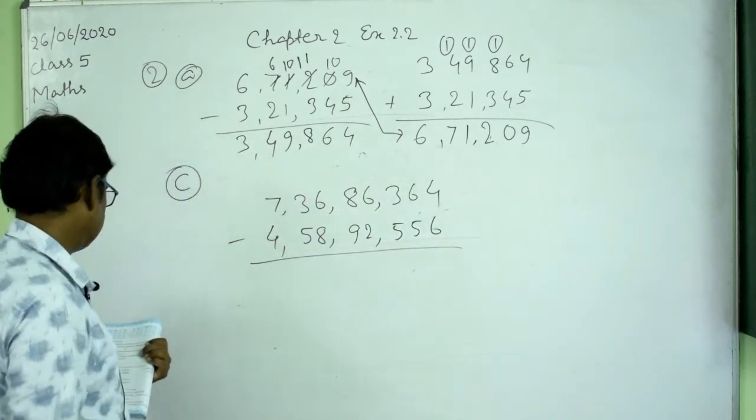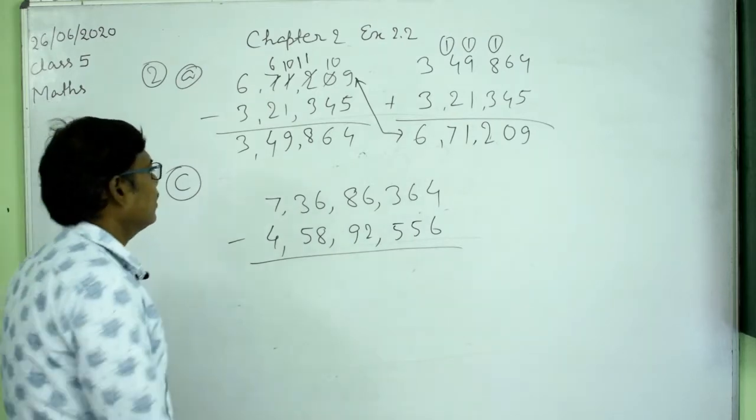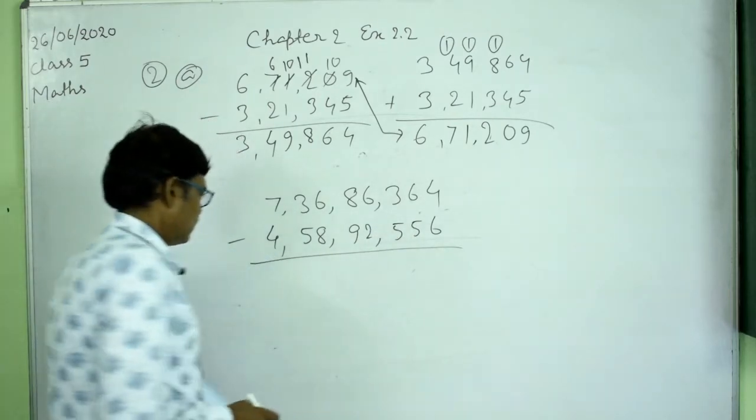So we have to subtract this. Now subtract here. So the numbers are correct here.